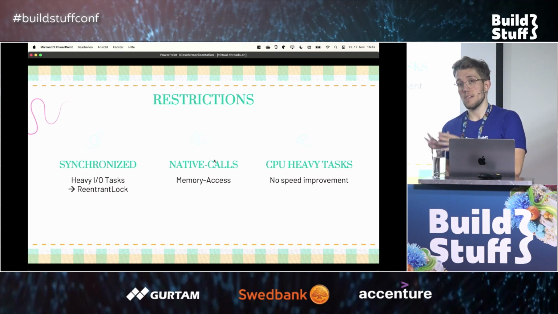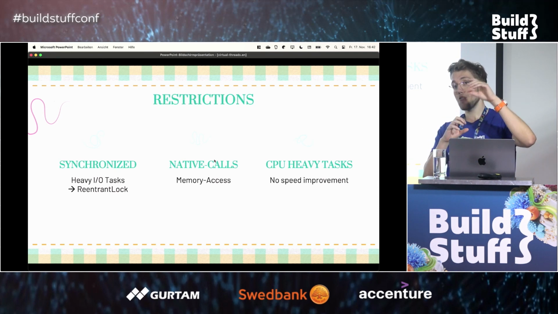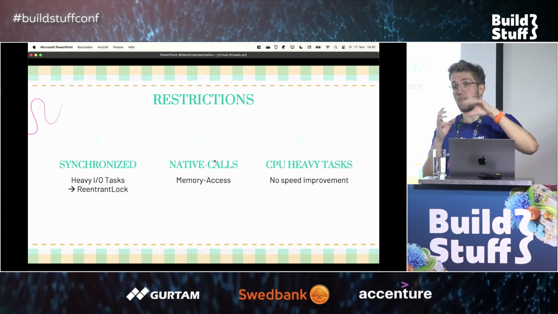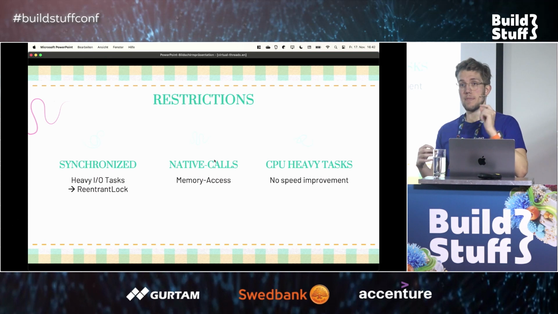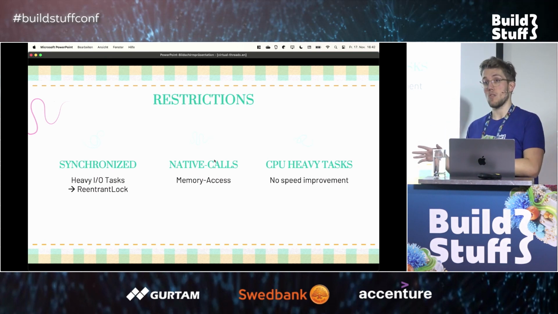Also, Tomcat, for example, had a problem with synchronized blocks because they had many synchronized blocks, and in there you cannot unattach the virtual thread from the worker, so it's pinned. So if you have a synchronized block which does heavy I/O work, they changed all the synchronized blocks to reentrant locks.